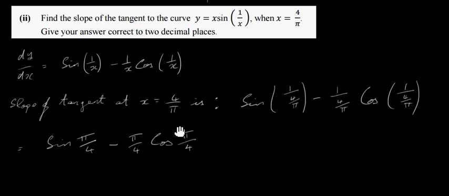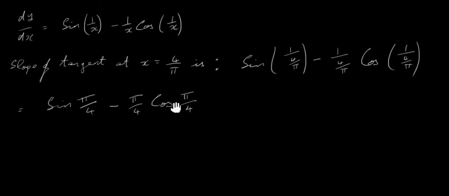Now, sine of pi over 4. Pi over 4 is 45 degrees, so the sine of pi over 4 is 1 over root 2. You can look that up, it's one of your special angles in your maths tables. If this side was 1 and this side was 1, by Pythagoras' theorem the hypotenuse will be root 2.